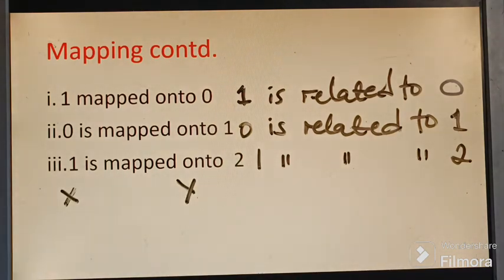So this is mapping. When you are trying to say how elements in one set are connected to another set, that's what we call mapping, demonstrating the relationship.